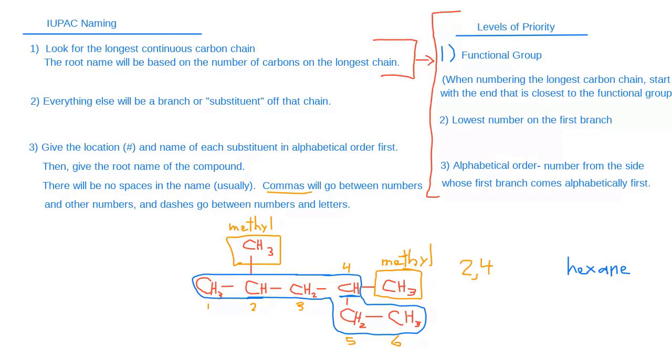And then I put a dash because a dash goes between numbers and letters. 2,4-di, because there's 2 methyls. Dimethylhexane. And there's no spaces. So 2,4-dimethylhexane. So this would be your name for that particular compound.